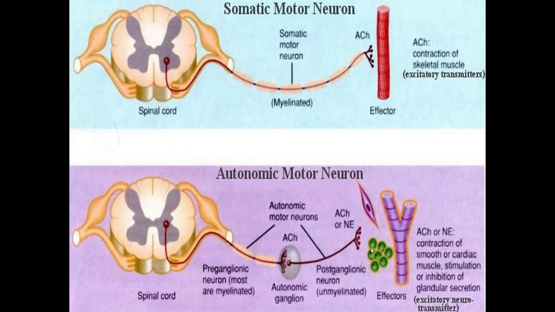The ending terminal dendrites of the postganglionic neuron release acetylcholine or epinephrine, norepinephrine, acetylcholine or norepinephrine.